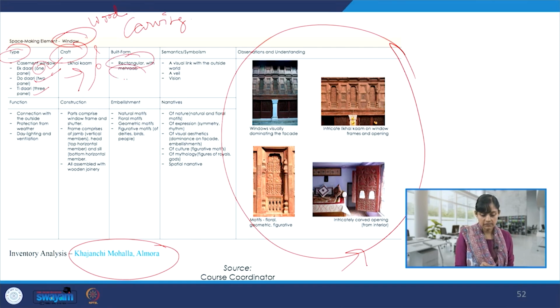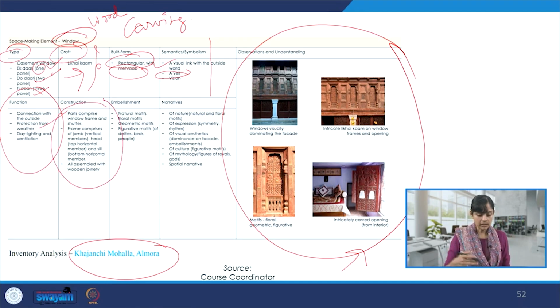Rectangular, and somewhere there is also a mihrab, and there are symbolism and semantic aspects also assigned to these openings. So it acts like a visual link with the outside world, sometimes a veil concealing things from the outside world, and so on. What are the different functions? Protection from weather, daylighting and ventilation. What is the construction like, so what are the different parts? What if I have to break this opening into its constituent parts? And then, how does the assembly happen?